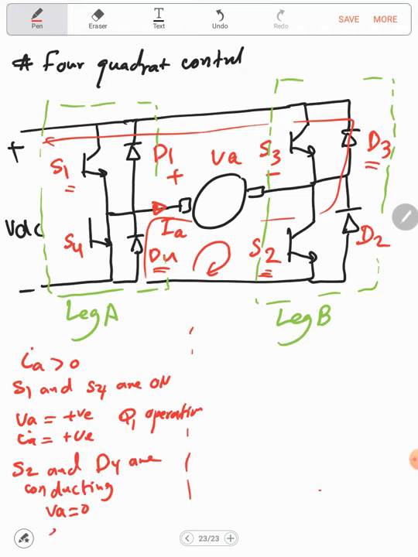Energy is stored here. Still, we have Q1 operation, by the way.